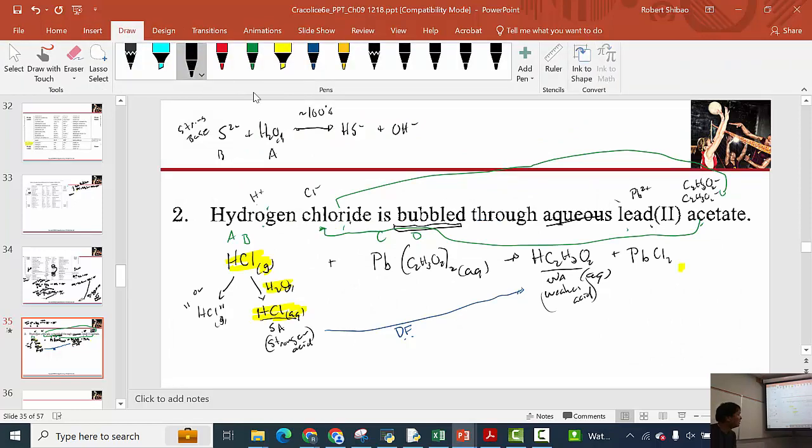This is insoluble, and so it's going to form an insoluble solid, which we call a precipitate. And so the other driving force that's present is this precipitation. So 2 driving forces: 1, stronger acid to weaker acid, and 2, precipitation of lead 2 chloride.